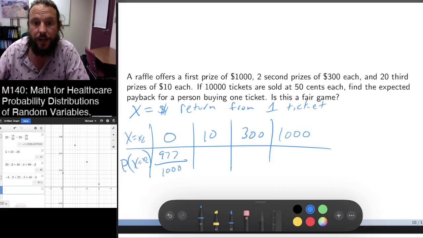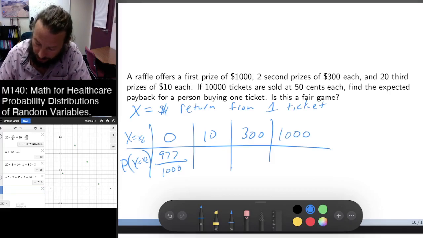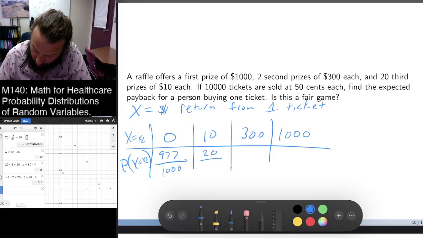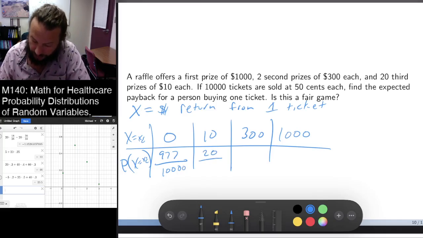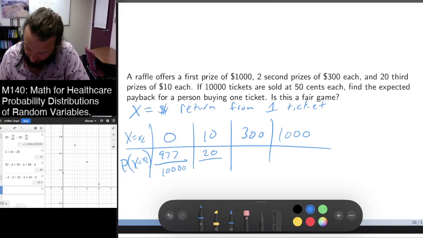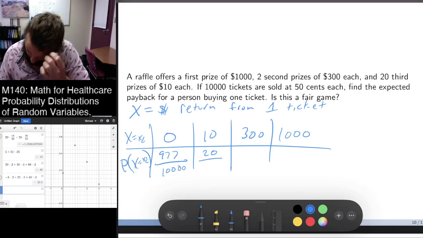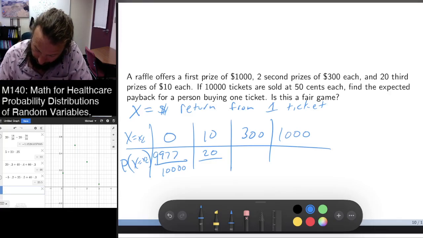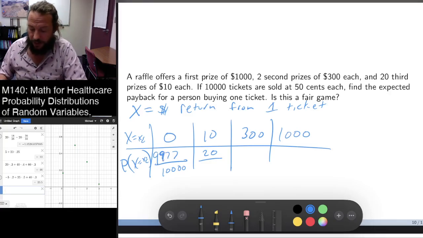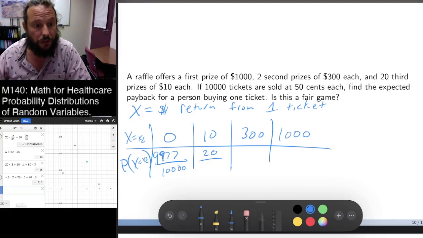Okay, and then the $10 was the third prizes. What's the probability of that happening? That's 20 over 10,000 tickets. And so that means my math up here, that's 9,977 loser tickets.